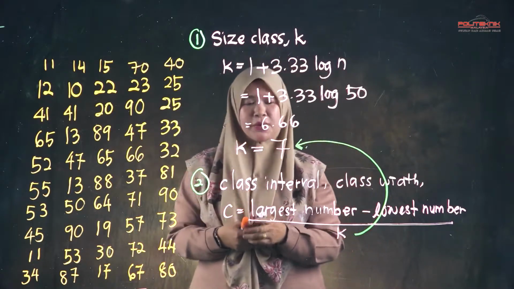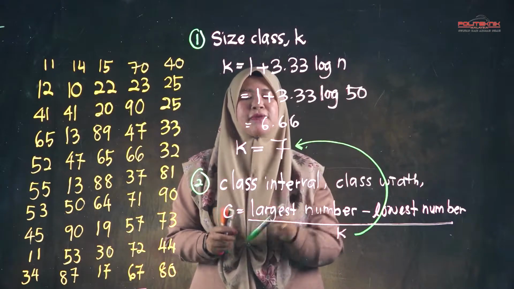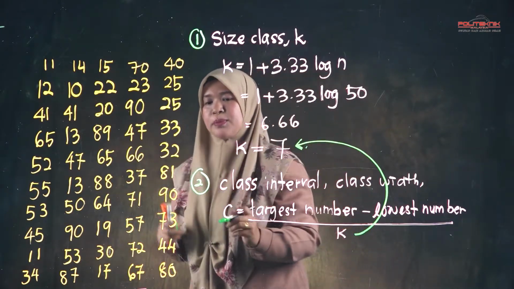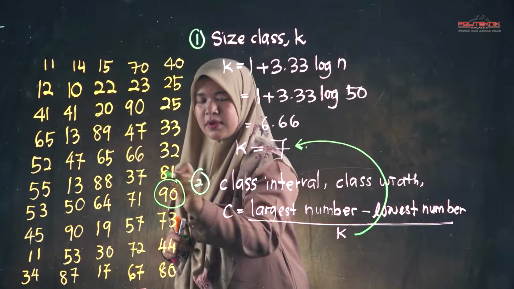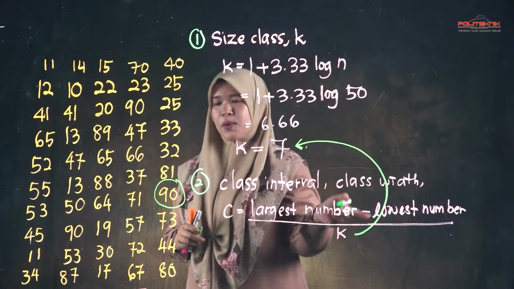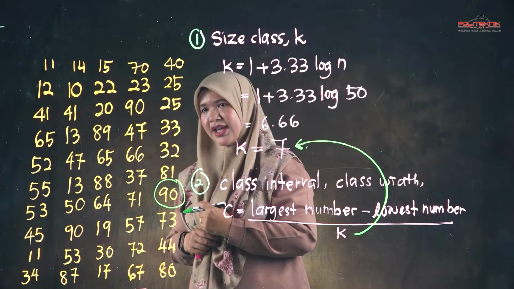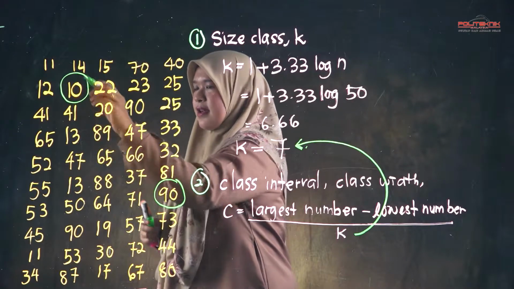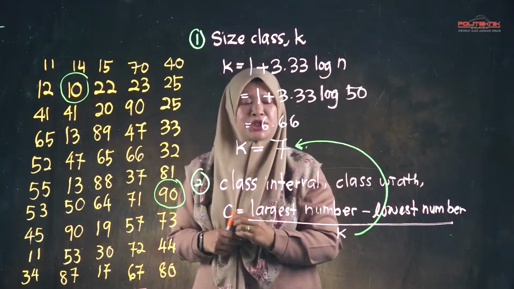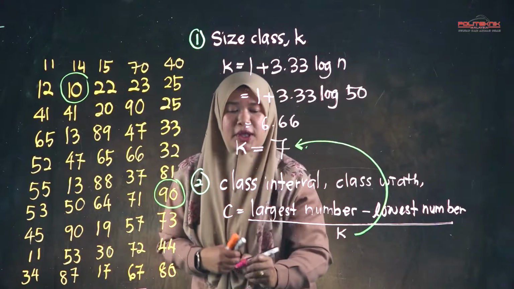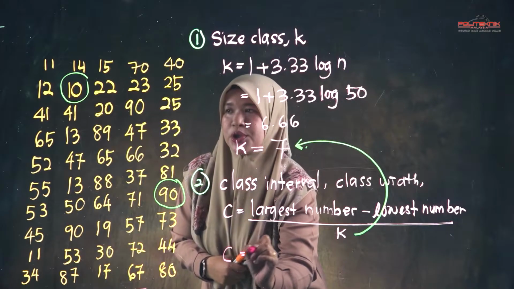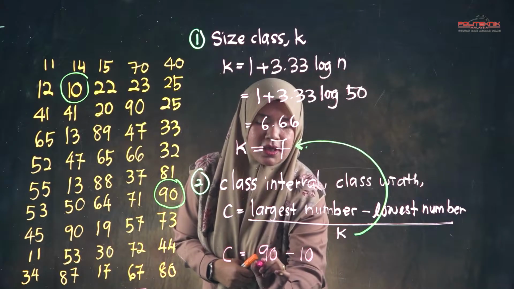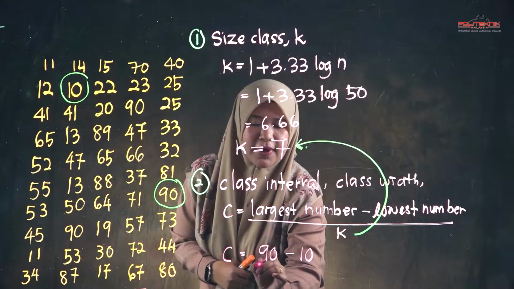So we substitute the value, but before that you need to find the largest number. In this data, the largest number is 90. The lowest number, let's find it together, is 10. Now substitute the values into the formula. So C is equal to 90 minus 10, divided by 7.